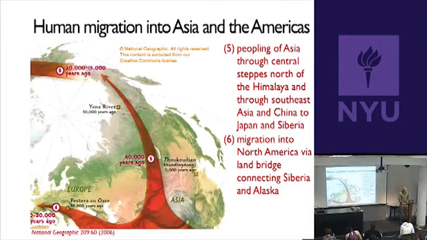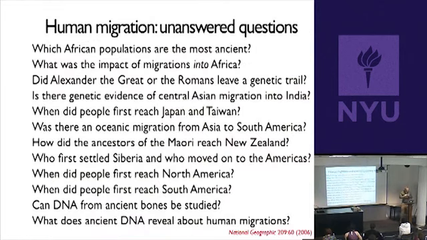What's interesting in this field is how quickly things move, right? What you'll read in this article that was written in 2006 is they'll have a list of sort of unanswered questions. And some of these are unanswered, but some of these are actually answered now. All right, so this is a list of questions that they pose. Which African populations are the most ancient? What was the impact of migrations into Africa, so back into Africa after humans left Africa?